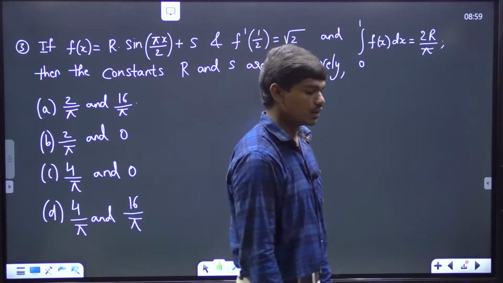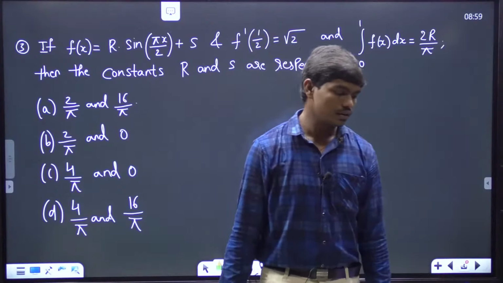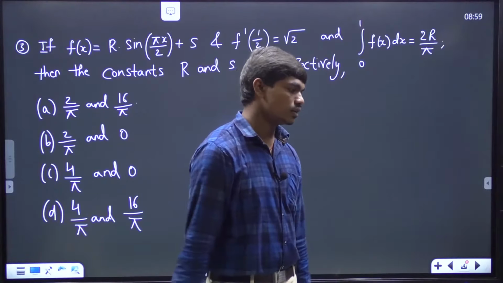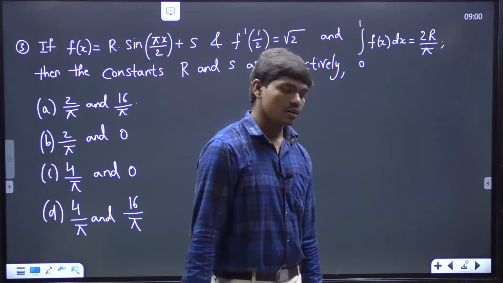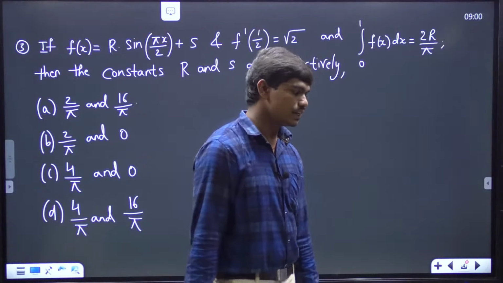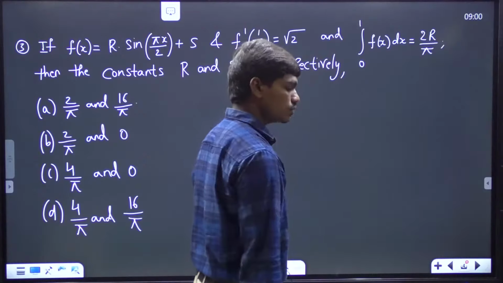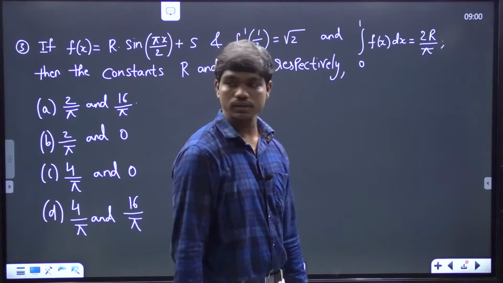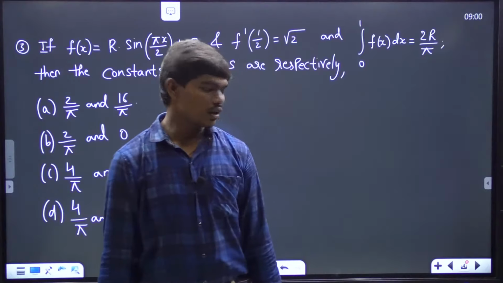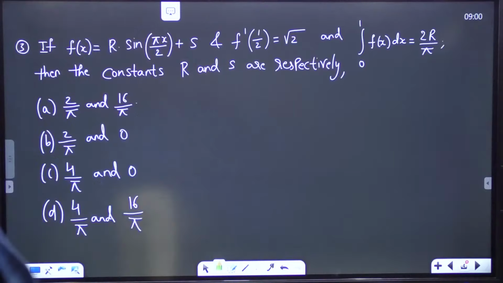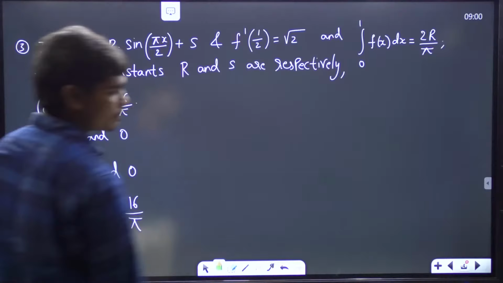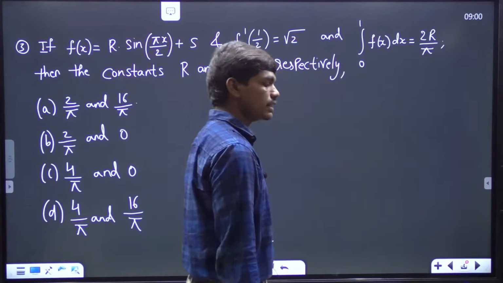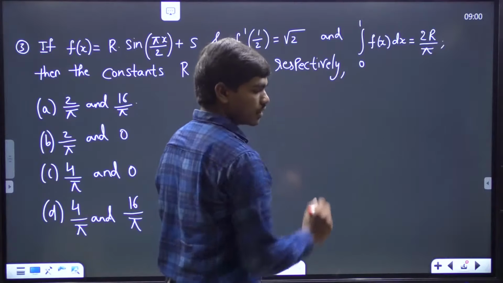Okay, let us see. Let others solve this question in a moment. I got only one answer, C, 4 by pi and 0. Vamsi, you got a different answer. Let's see which answer is correct. How many are online actually? Nearly 60 people are online, but only a few are responding. Answer is D.